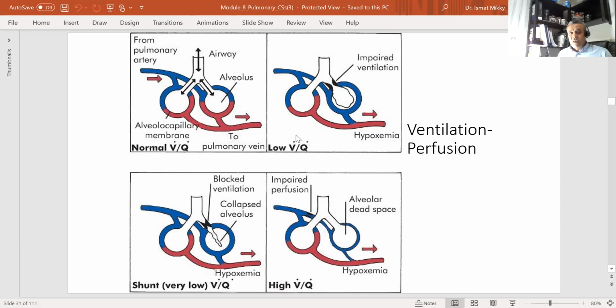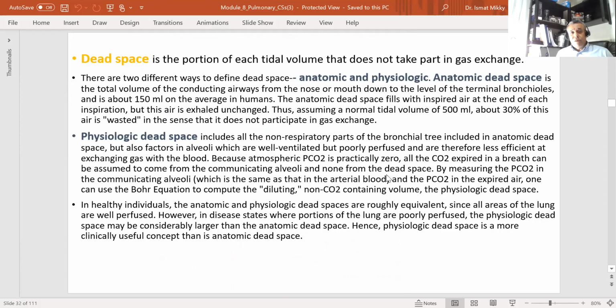We have examples of the low VQ, the shunt, very low VQ, and then the high VQ, when there is over-distension of the alveoli. Another slide defines the physiologic dead space.